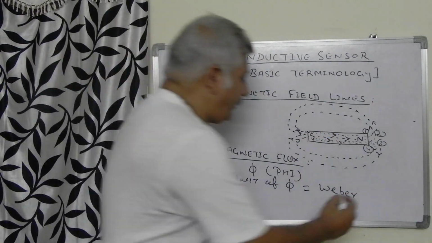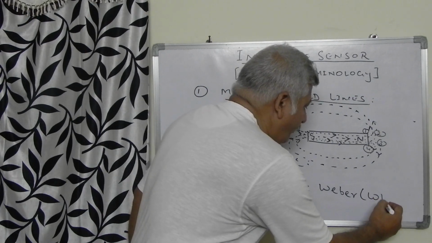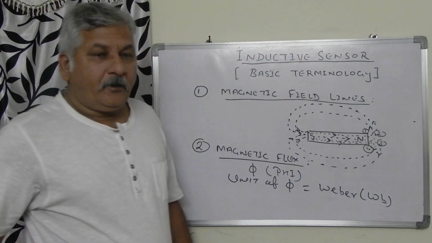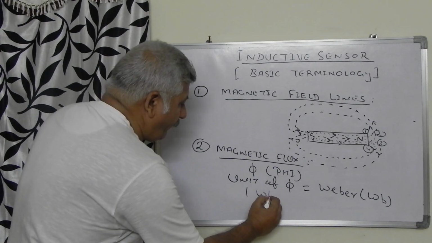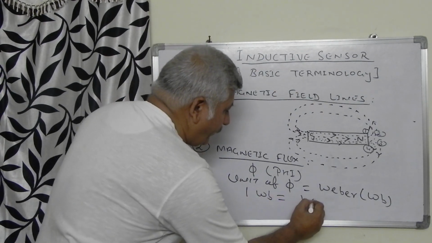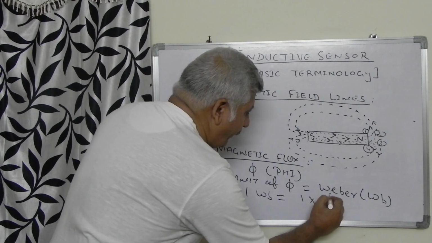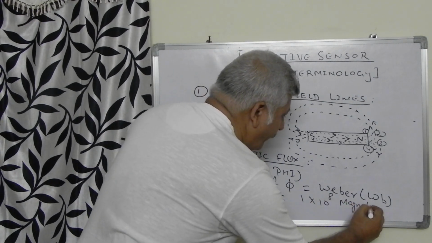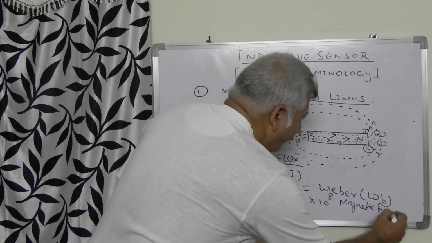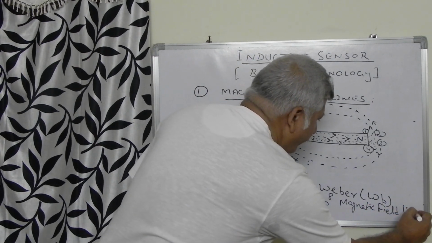It is also written as Wb. And 1 Weber is equal to 1 into 10 raised to the power 8 magnetic field lines.